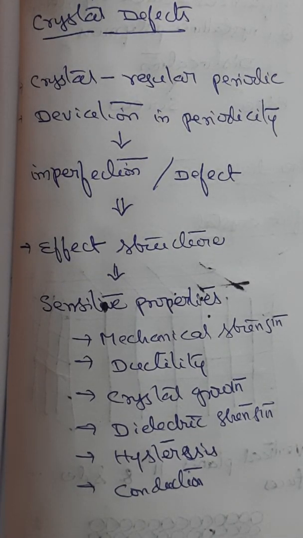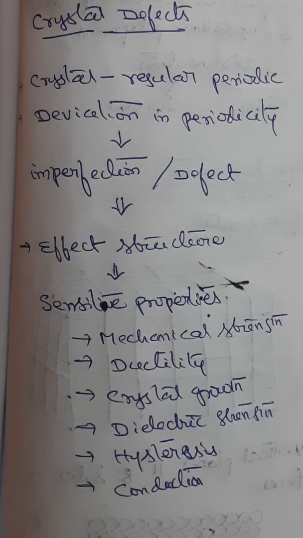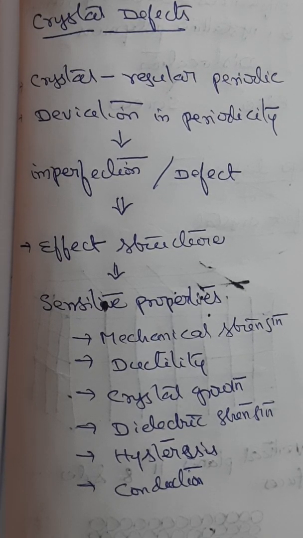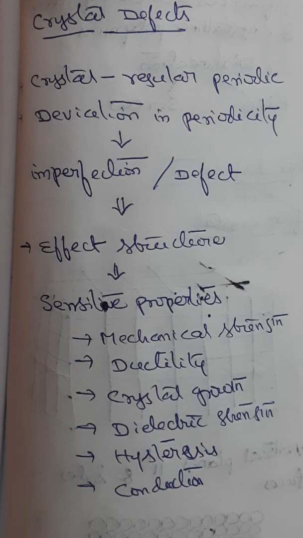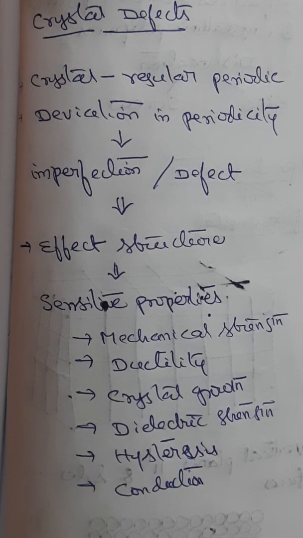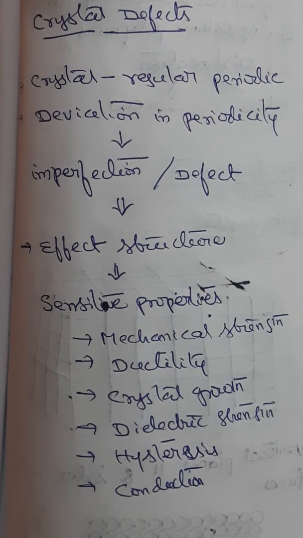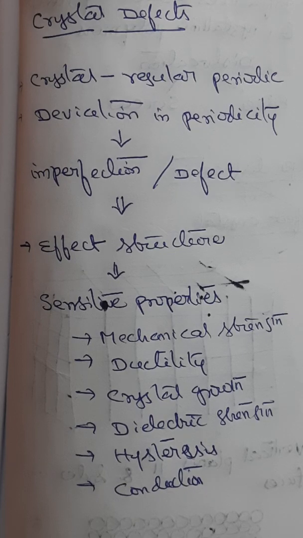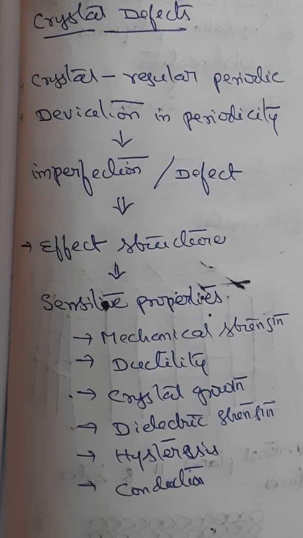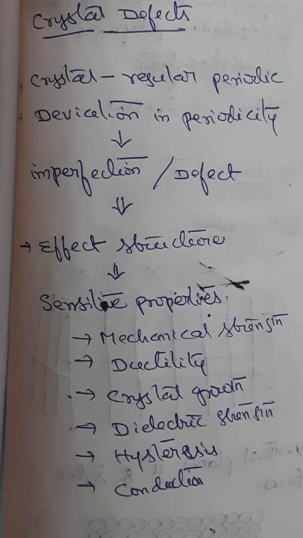We know that crystals generally have a regular periodic arrangement of atoms. In that situation, any deviation from this periodicity is what is known as imperfections or defects in crystals. That is, when there is an irregularity or departure from the perfect periodicity of atomic arrays in a crystal, it is known as crystal defects or imperfections.